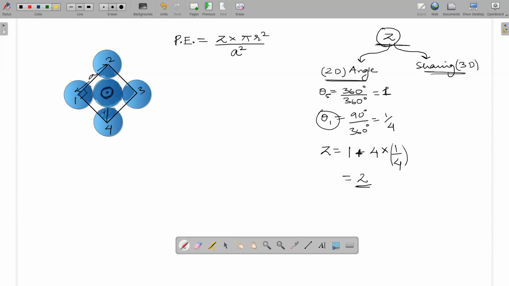Here also it is the same thing, but a more methodical way is this, and this way you can generalize in hexagonal close packing also. So the packing efficiency will be Z, which is 2, into pi r square upon a square.